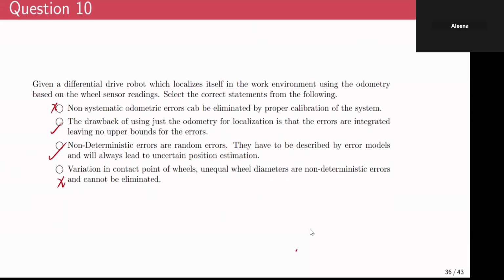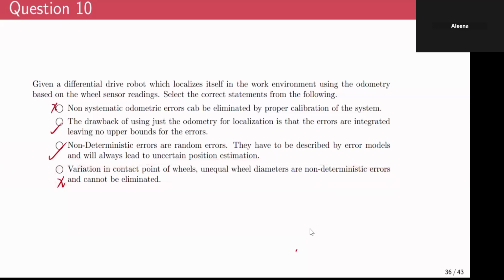So that should not be an issue. Even if you don't have access to high quality fabrication methods, we can simply measure the wheel diameters and we can compensate for these errors in our models, with the measured wheel diameters. So that statement is indeed false.